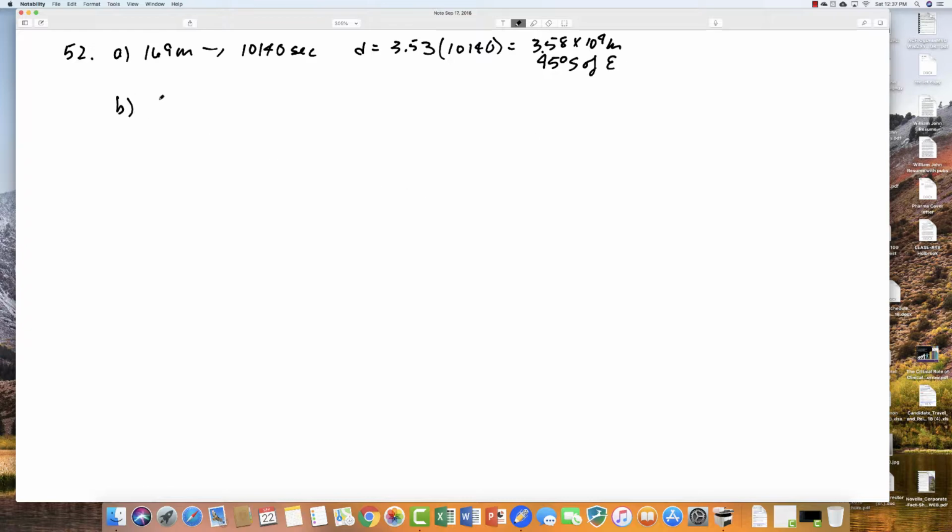Part B states that he has a headwind of 2 meters per second, which is in the opposite direction. So what is his velocity relative to the air?